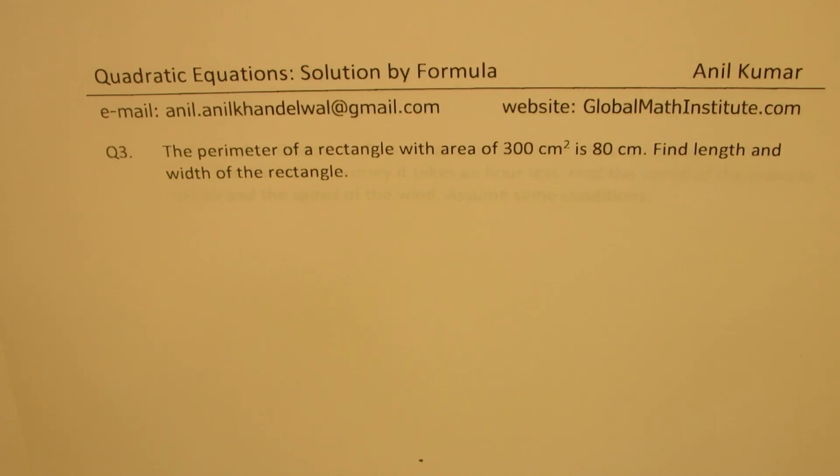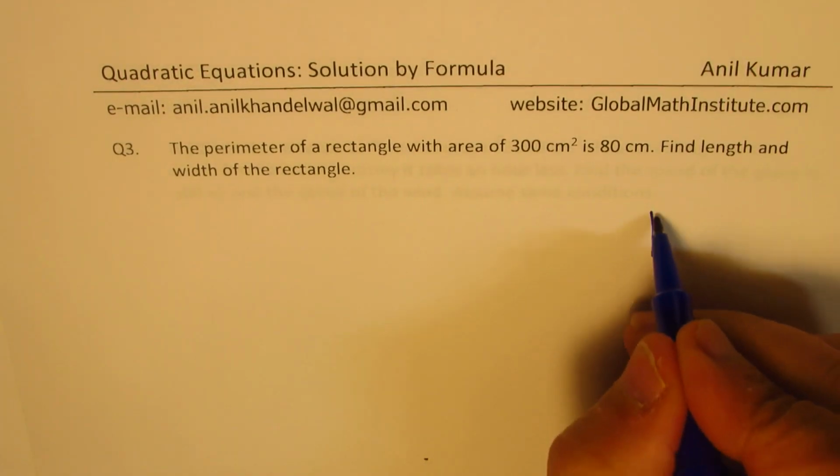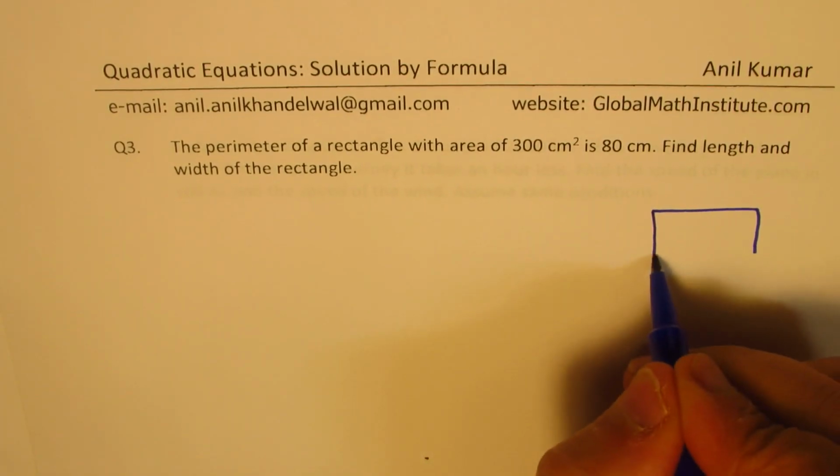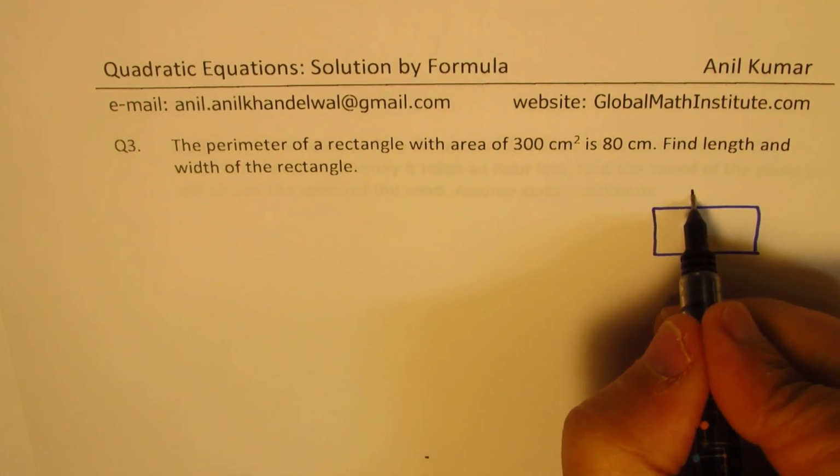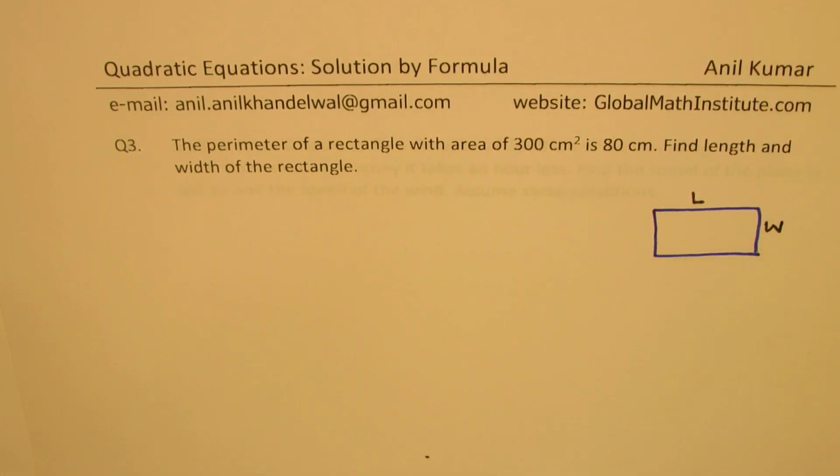Question number 3. The perimeter of a rectangle with area of 300 centimeters square is 80 centimeters. Find length and width of the rectangle. So let's say this is the rectangle whose length is L and W is the width, right?